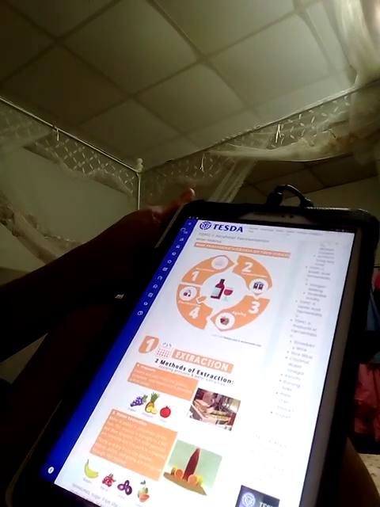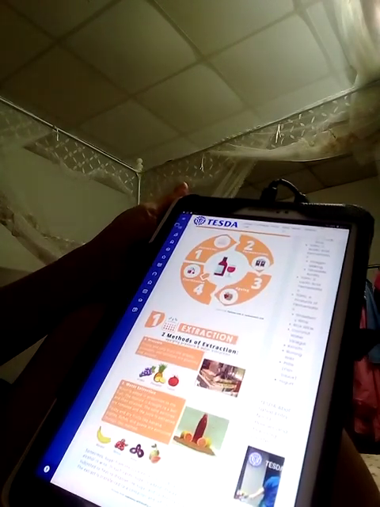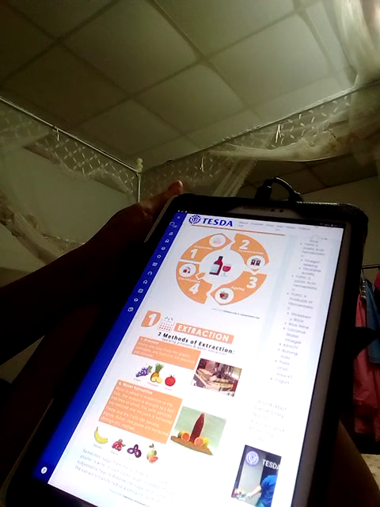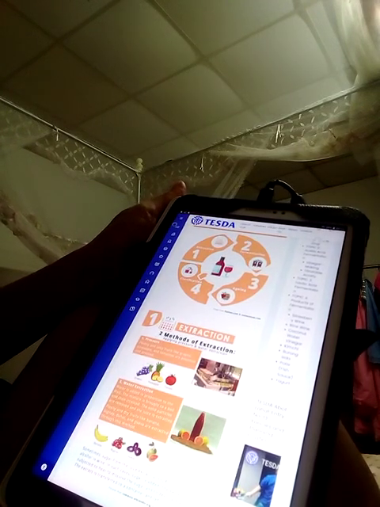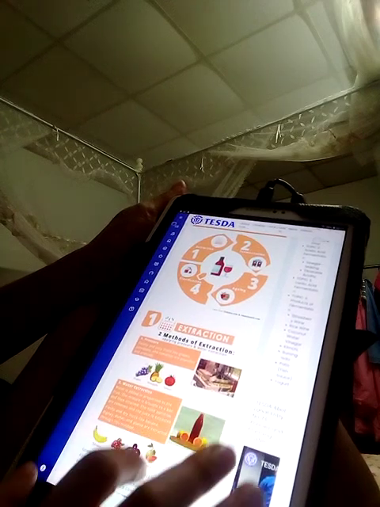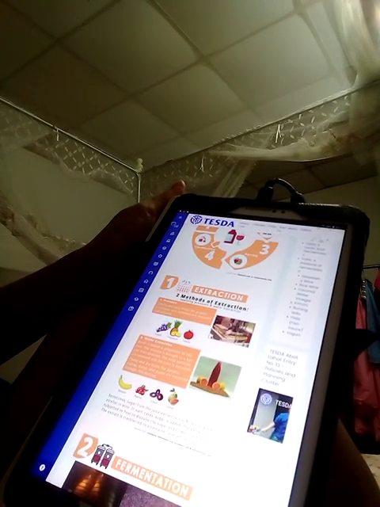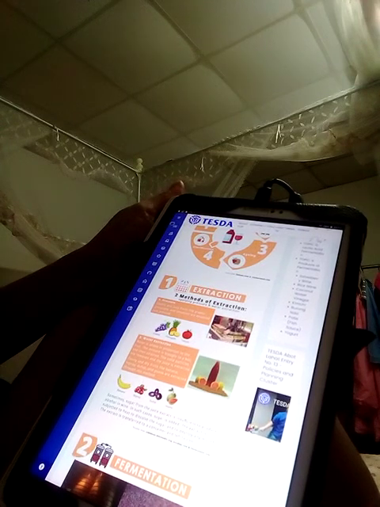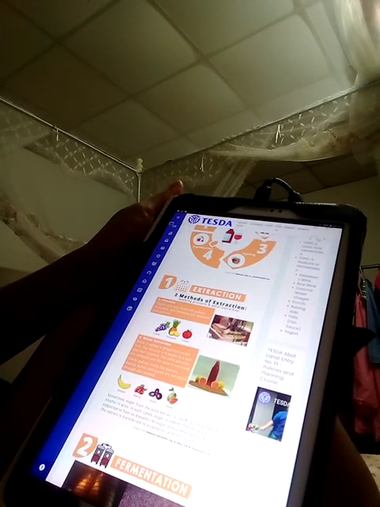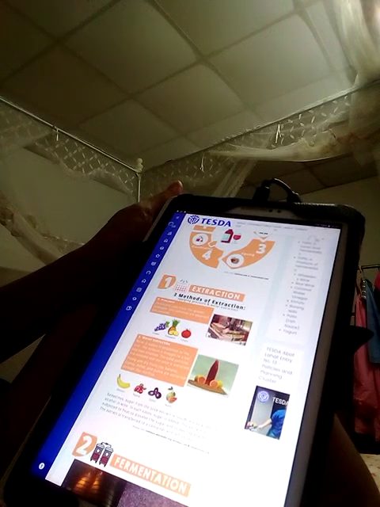A method of extraction is pressure. Fleshy and juicy fruits like grapes, pineapple, and tomatoes are crushed and pressed. Number two is water extraction. Water is added in proportion to the fruit, and the mixture is brought to a boil and then strained. The solid particles are removed and the juice is extracted.